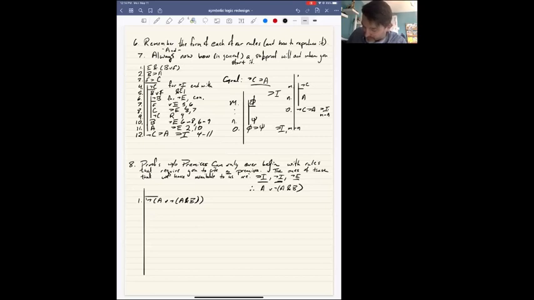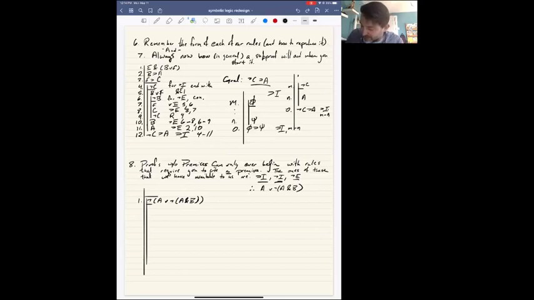I didn't put that assumptive Fitch bar in, so let's do that. And now how are we going to get to the desired conclusion here? Well, notice if we had not A and B, that would allow us to get the whole inside of this thing, which would be in contradiction to our assumption at 1. We can use disjunction introduction as a powerful rule to give us that disjunct.